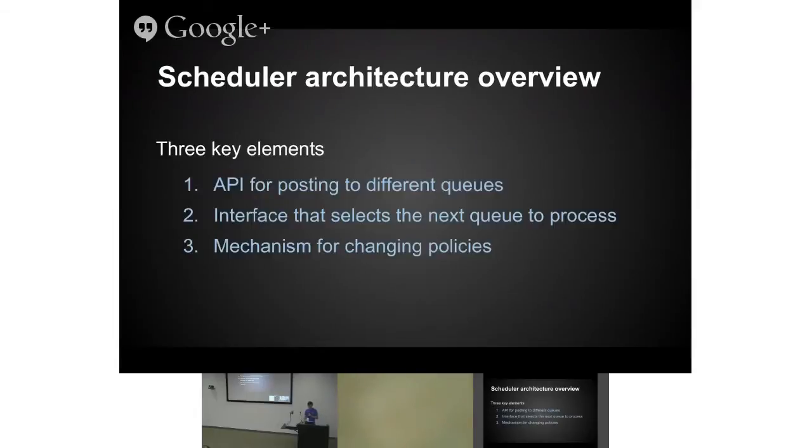So this translates to basically three key elements. First, the API that we provide to clients for posting tasks; then the interface that chooses the next queue that should be attended to; and finally the mechanism that updates the policy.